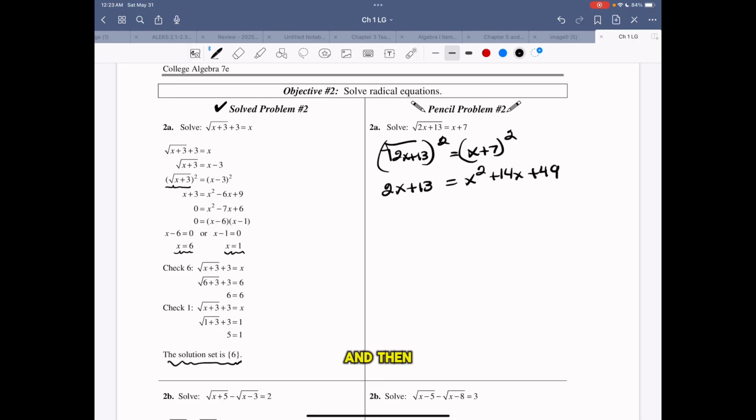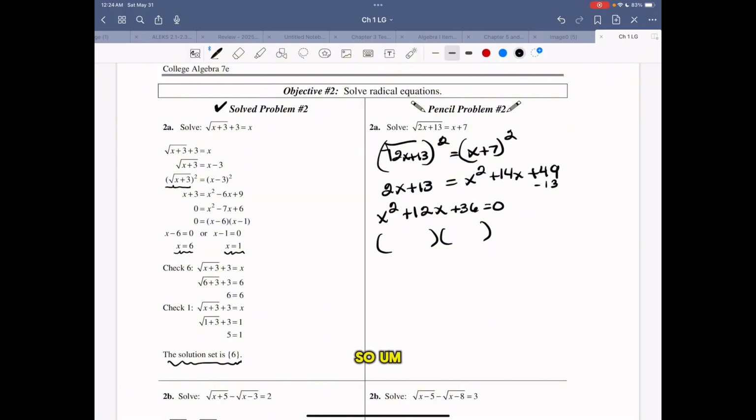Just to put everything on one side, I'm going to move everything to the right. So we have x squared plus 12x, and then 13 minus 49 gives 36. So we end up with plus 36 equals 0. And then we try to factor.